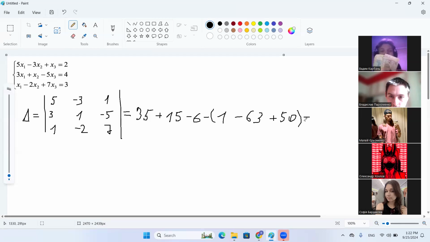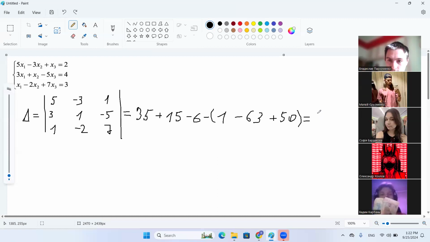Okay. So you open the brackets and get 50 minus 6 minus 1 plus 63 plus 50. Before these brackets we actually have 44.